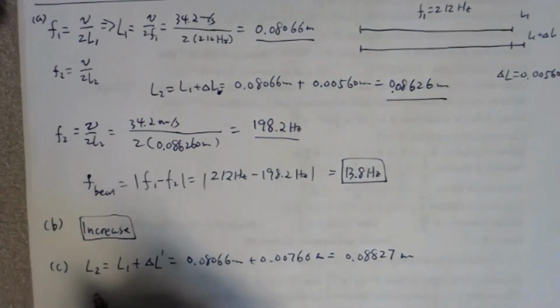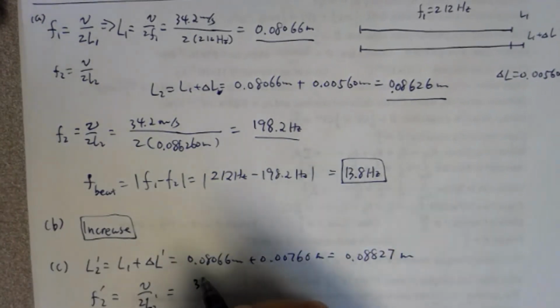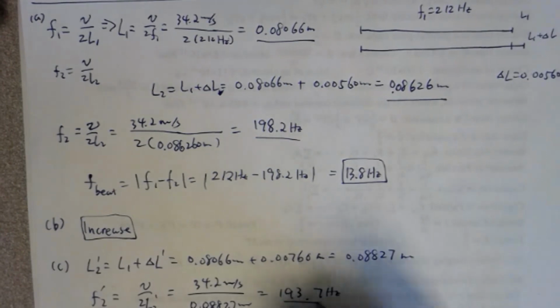Then F2 being calculated, say F2 prime, with L2 prime as well. So it's 34.2 meters per second over this new number, 0.08827 meters. So it gives you 193.7 hertz.